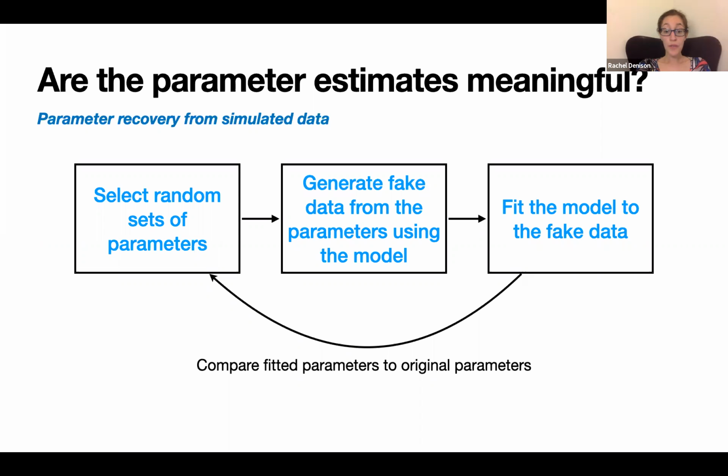And then we used the best model to simulate pupil time series data from these known parameter values. We then fit the model to these simulated time series and asked whether the fitted model parameters matched the original parameters that we started out with, whether they matched the ground truth.